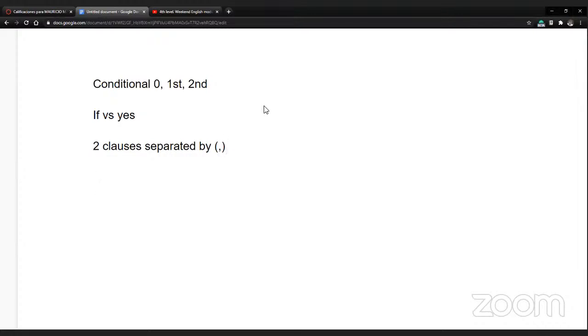In other words, these two lines represent the two clauses. Clause number one and clause number two. You see? Clause number one, clause number two.